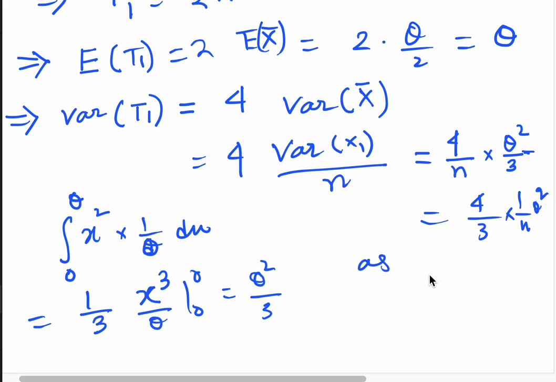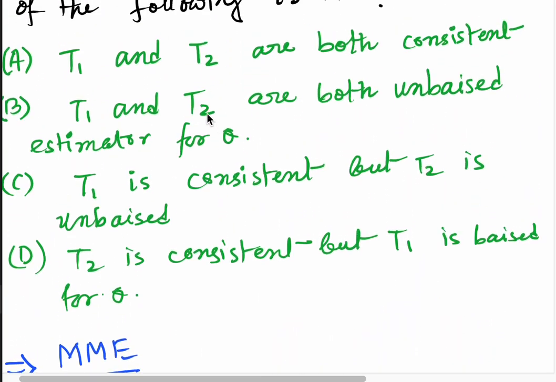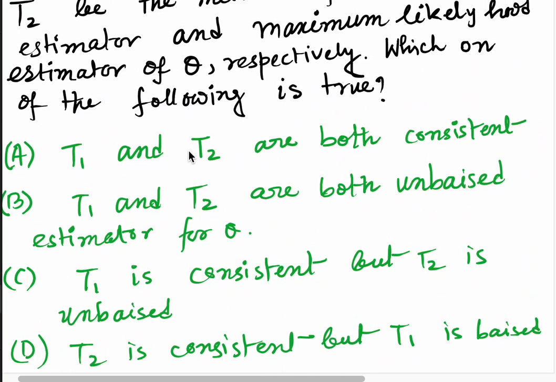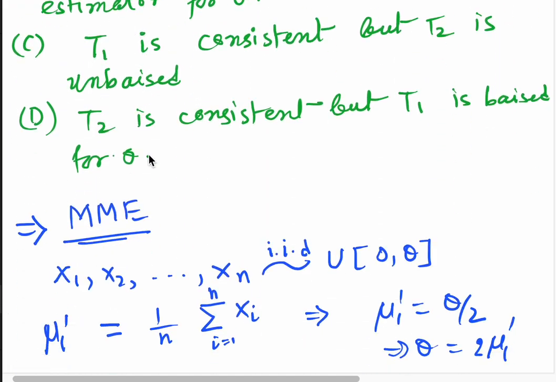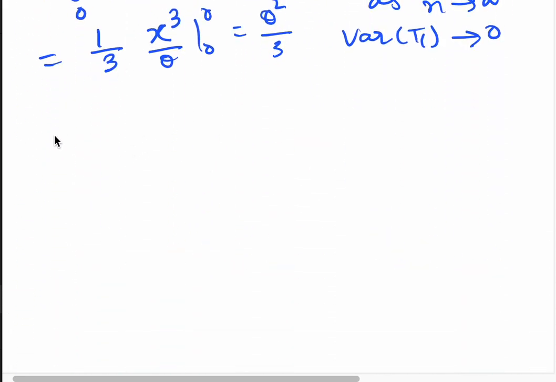So as n tends to infinity, the variance of T1 tends to 0. So that means T1 is both consistent and unbiased. Now let's check the same condition for T2.